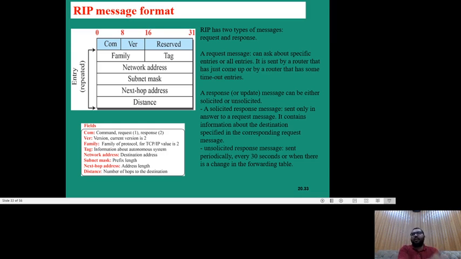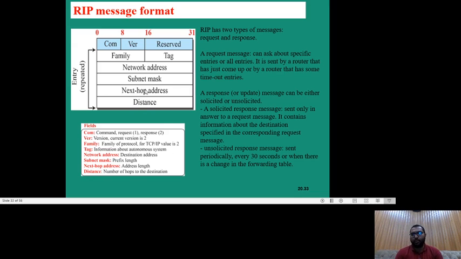In reply, the neighbor node, or the node in the other network, will respond through a response, where the value will be 2. Similarly, as I said earlier, we use two versions, and currently version 2 is in use. Reserved is not in use, kept for specific purposes.